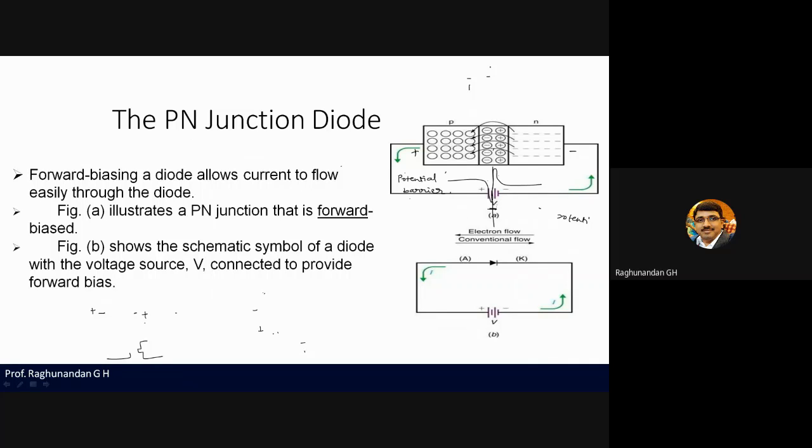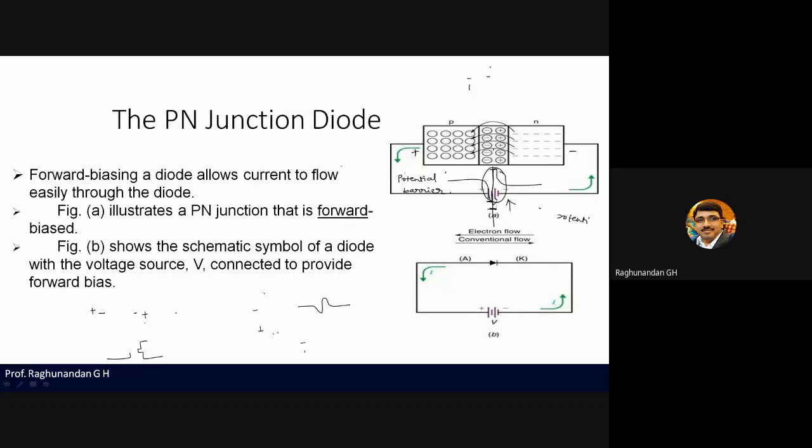In this potential barrier representation, you can see that as you are going to increase the input voltage, this potential barrier will keep on decreasing. So finally it will be like this. This indicates the voltage which is existing across this.